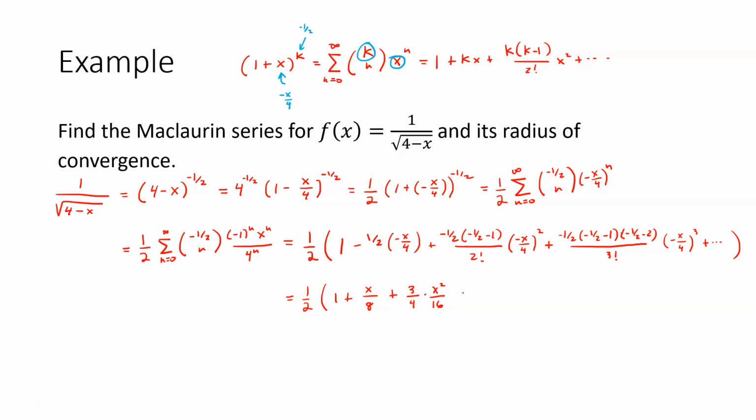Then in the next term we'll have negative 1/2 times negative 3/2, again that's 3 over 4, and then a negative 5/2.